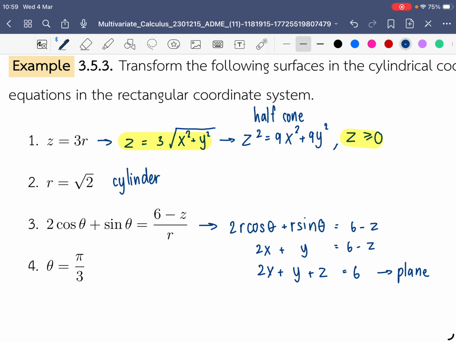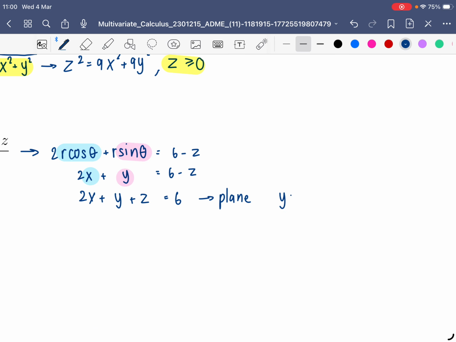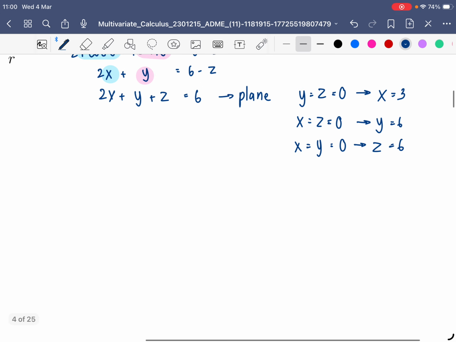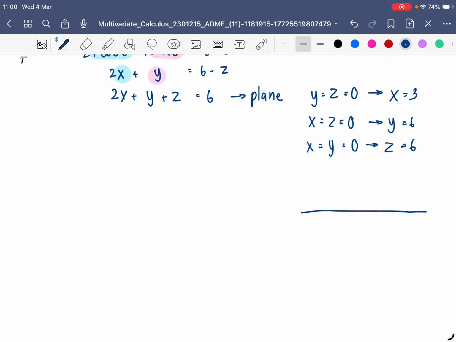So if you have to draw, y and z set to 0 gets x is 3, x and z set to 0 gets y is 6, and x and y set to 0 gets z is 6. So in the first octant, it's going to look like sort of a triangle.